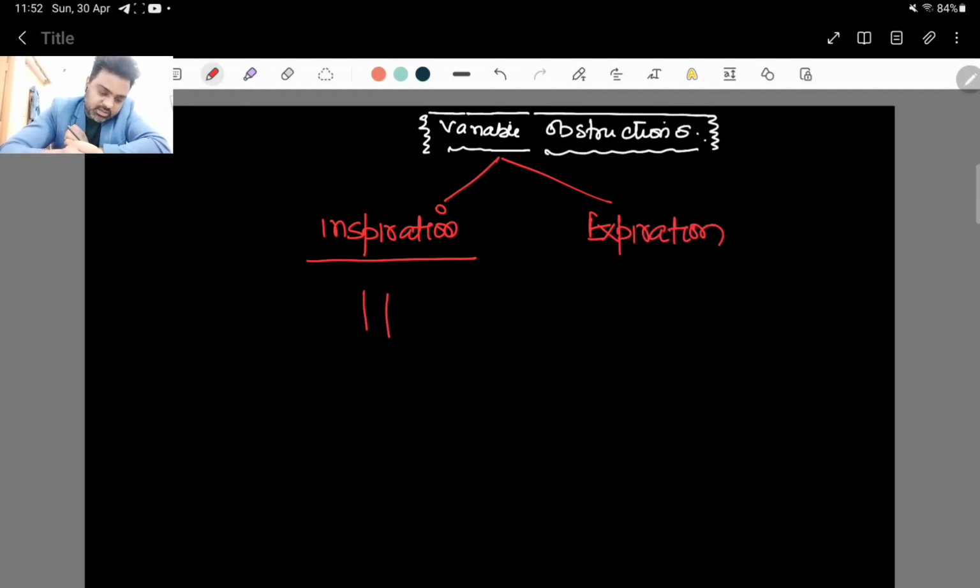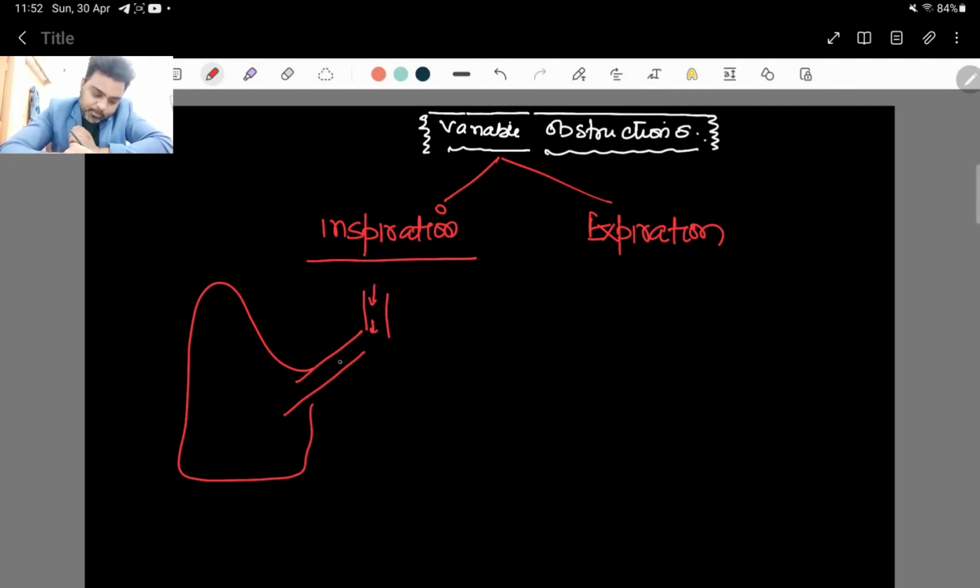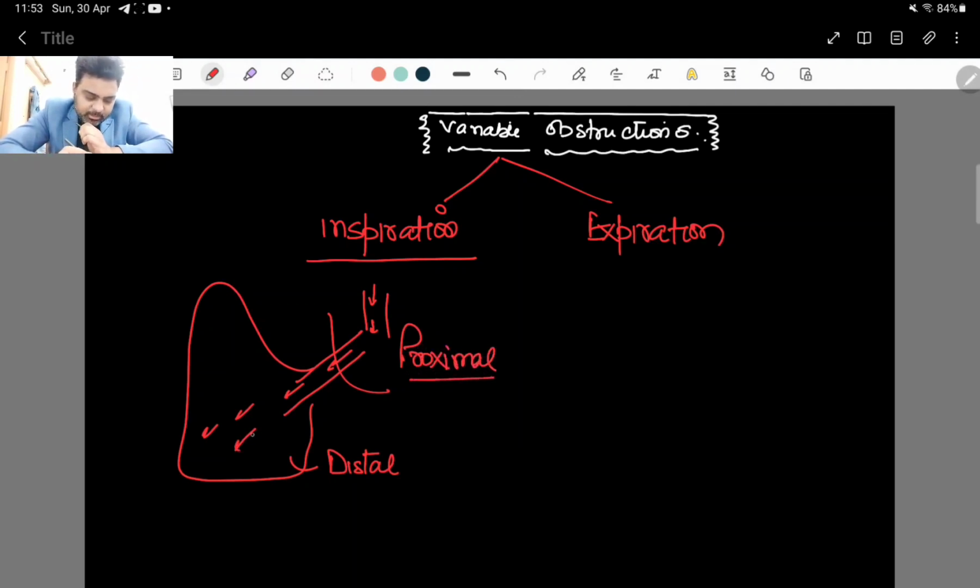If this is our bronchus and this is the lung, when during inspiration air comes in, we take this as the distal part and this as the proximal part. The distal part has a tendency to expand, whereas the proximal part has a tendency to collapse because air is moving forward.